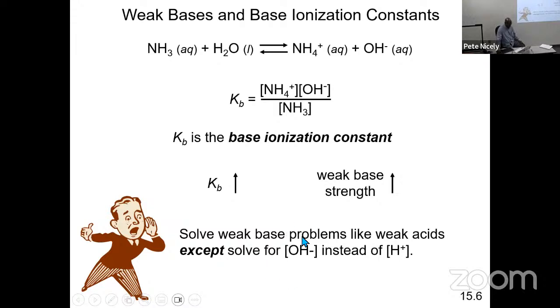The only difference is that very often what you need to do is find the concentration of the hydroxide ions at equilibrium, whereas in the case of weak acids, your focus would be finding the concentration of the H plus ions at equilibrium. Apart from that, it's pretty much the same sort of steps as we saw in the examples in the previous slides, all right?